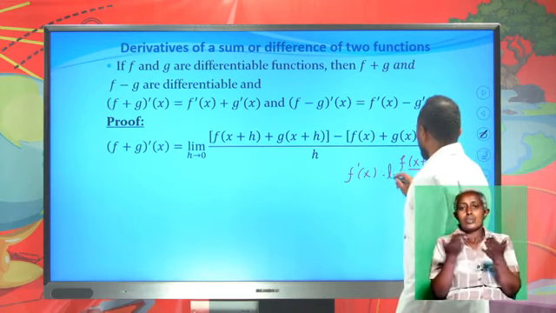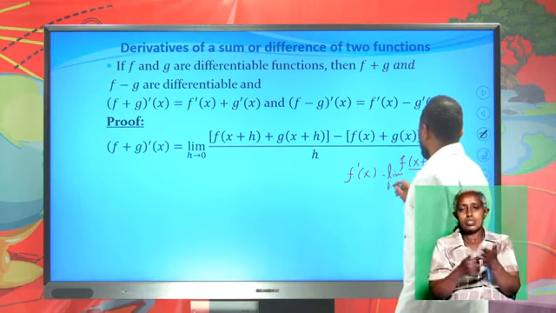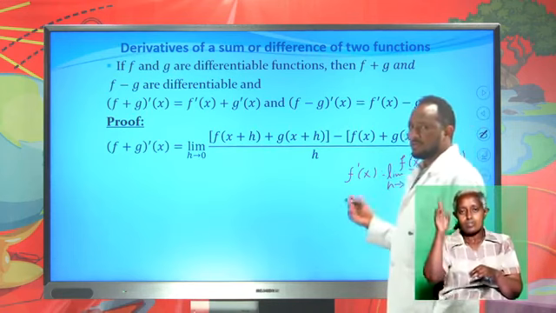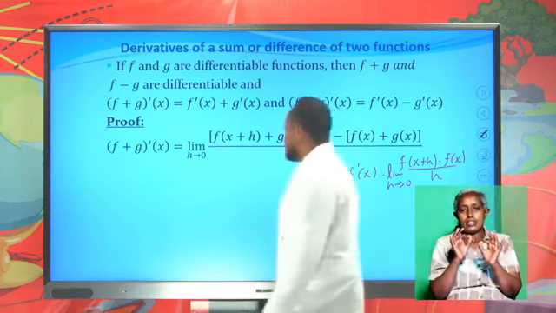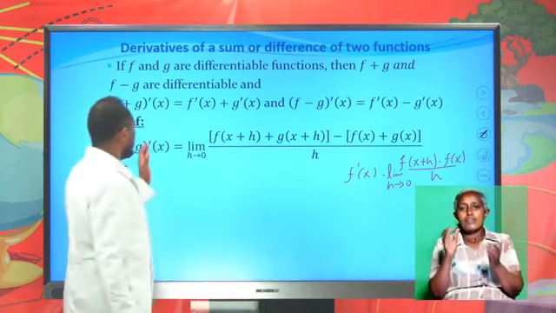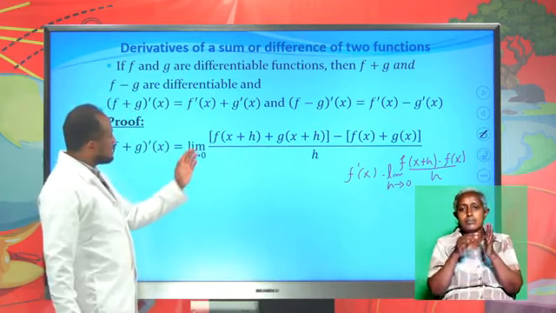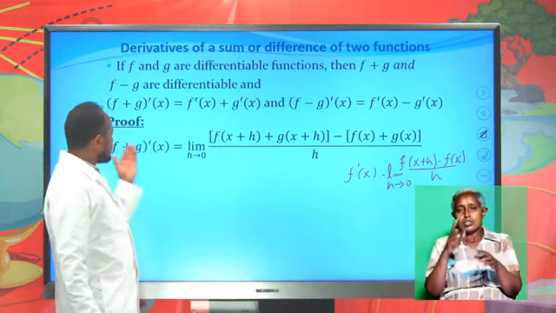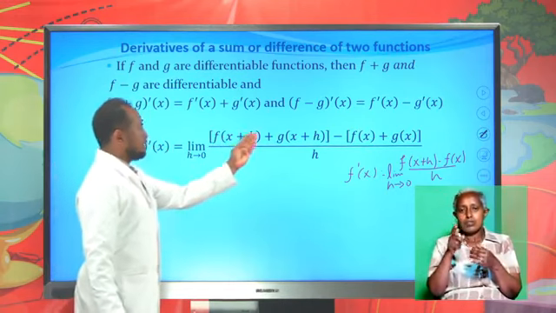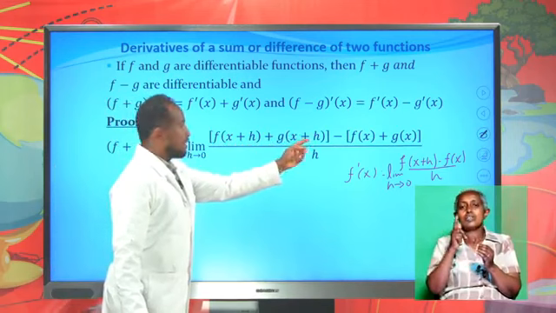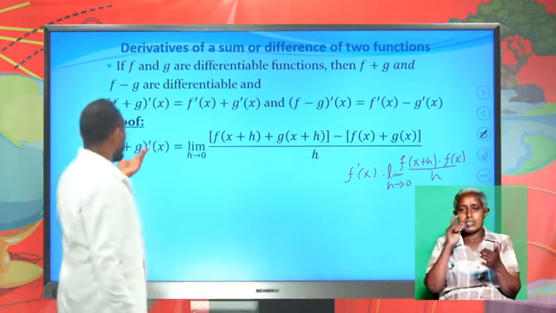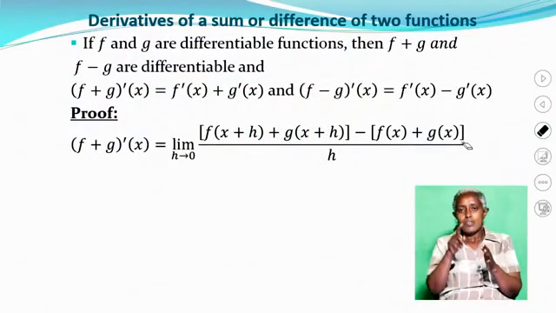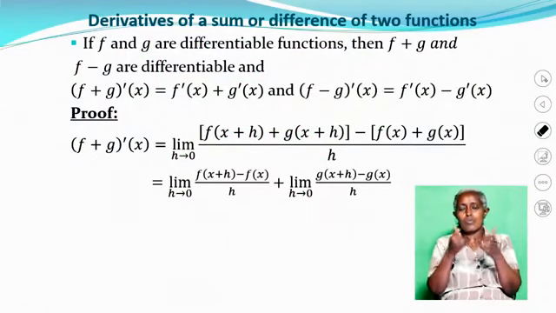This is the definition of derivative. So using this definition, for f plus g, in place of x put x plus h, so this becomes f of x plus h plus g of x plus h, minus f of x plus g of x, over h.